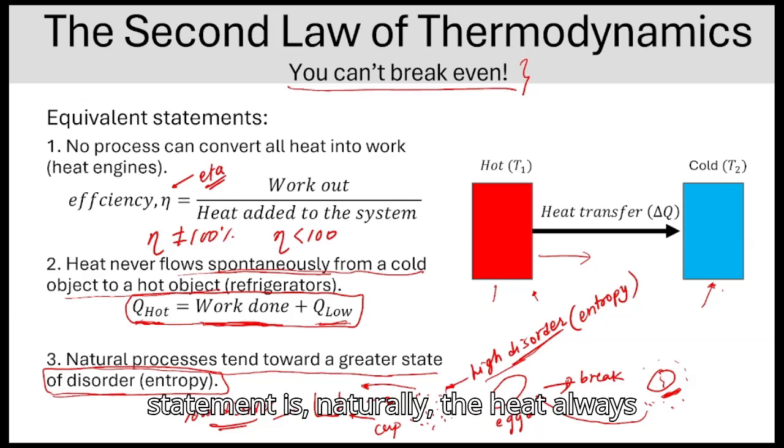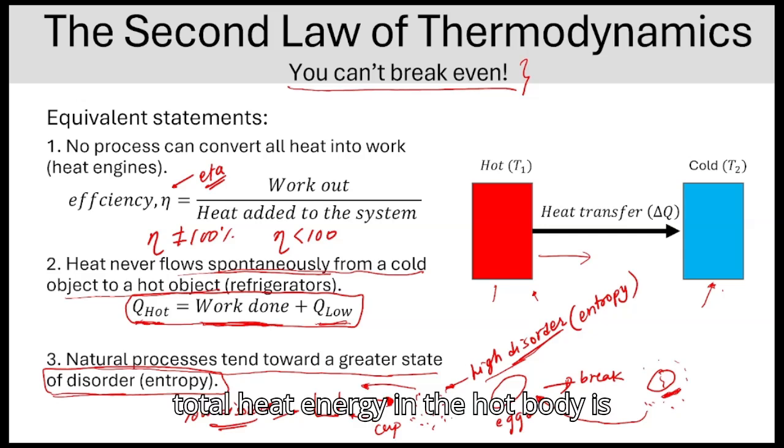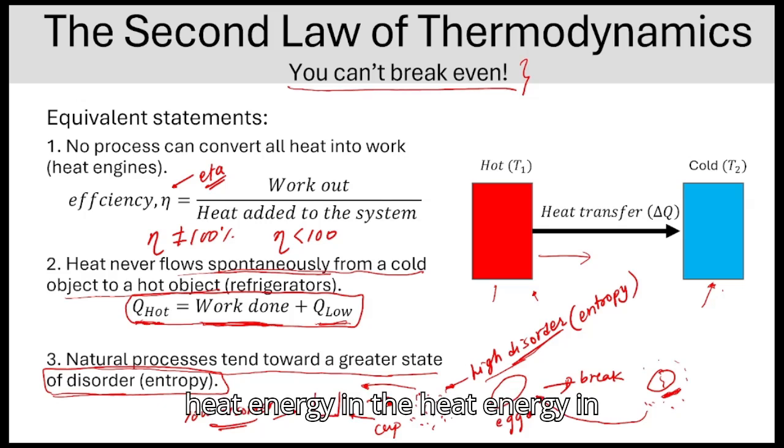The second statement is that heat always flows from a hot body to a cold body, and the total heat energy in the hot body equals the work done plus the heat energy in the cold body. And the third statement is that natural processes always tend toward a greater state of disorder.